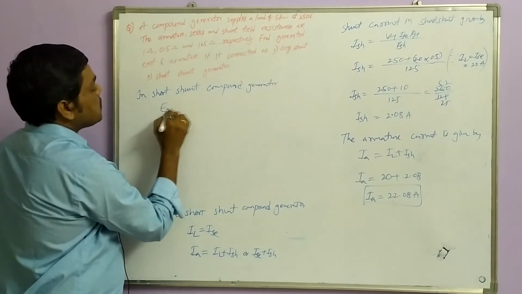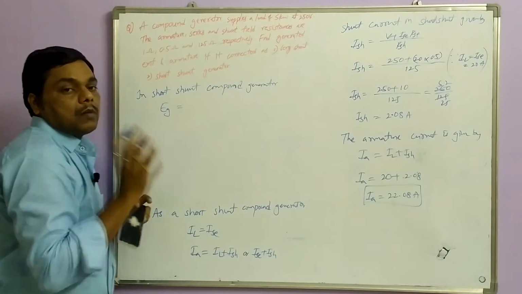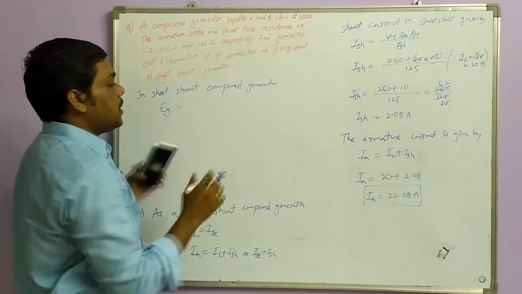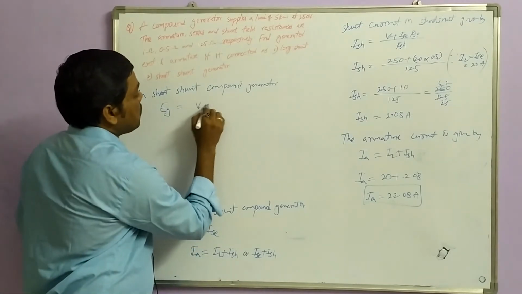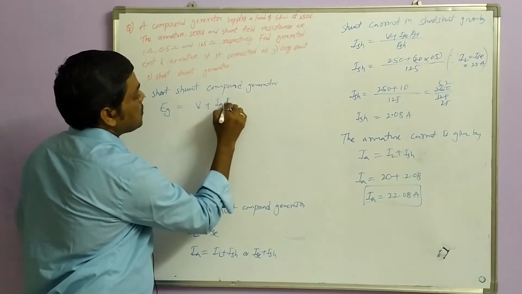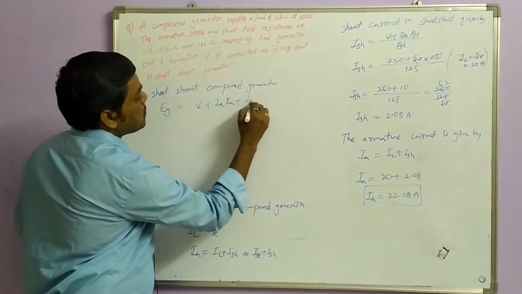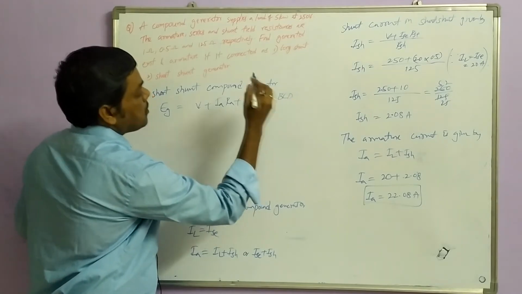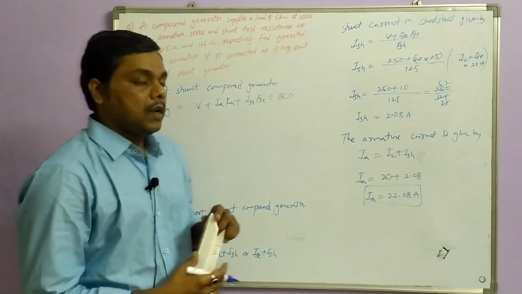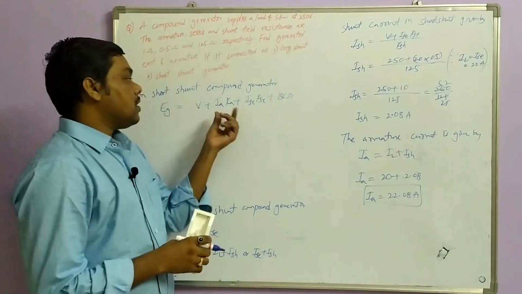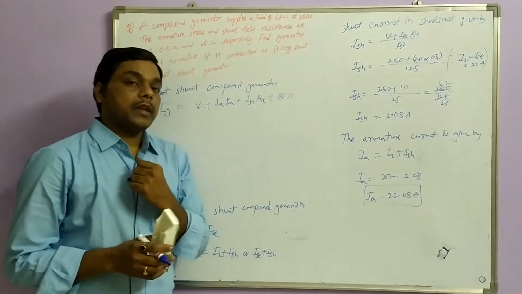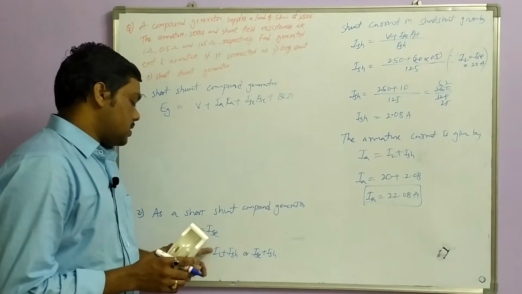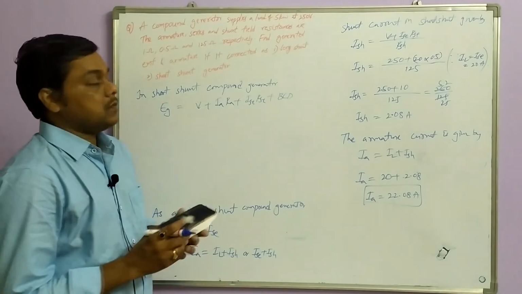EG is equal to, if you remember the short shunt compound generator diagram, V plus armature drop plus series drop plus brush contact drop, individually calculated. Whereas in long shunt, armature and series current are both the same, but here armature current may not be equal to series current.